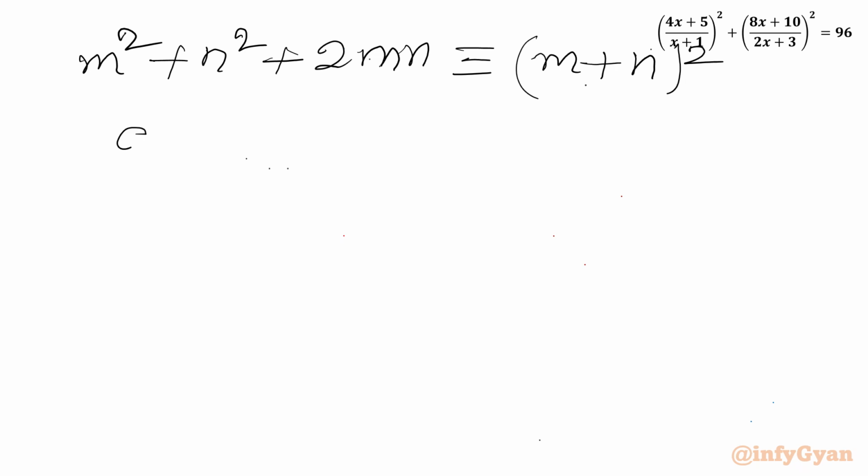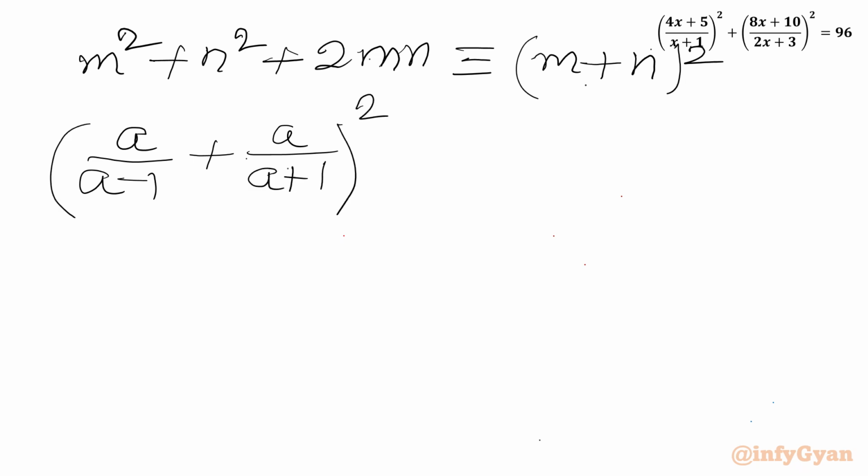So I can write a over a minus 1 plus a over a plus 1 whole square. This will be our LHS. And RHS we can write 6 plus, it was 2a square over a square minus 1.